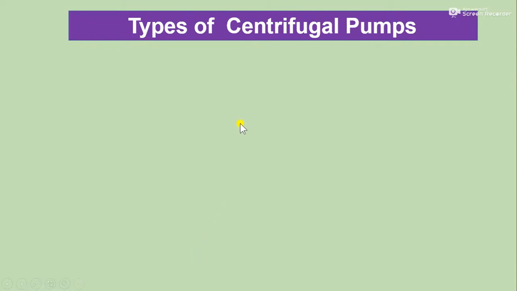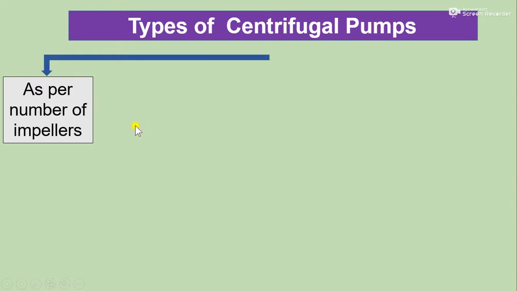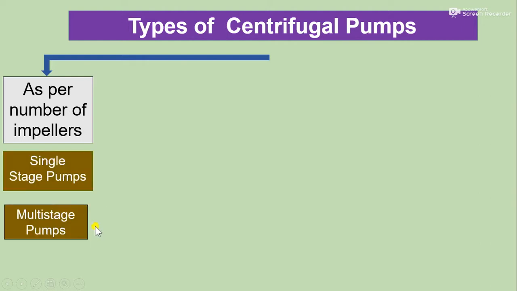Types of centrifugal pumps. Centrifugal pumps are classified as per the number of impellers into two types: single stage pumps and multi-stage pumps. In case of single stage pumps, single impeller is used, and in case of multi-stage, number of impellers are more than one.